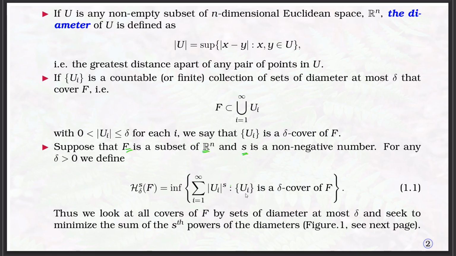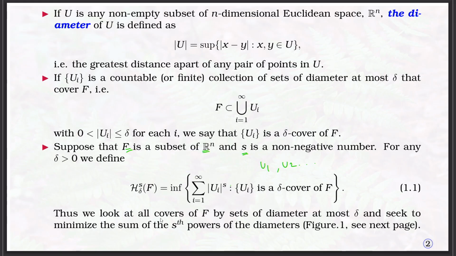For each cover we compute the sum of the diameters raised to s: U_1 is one collection, U_2 is another collection, and so on. Among all of these we take the infimum, and that infimum we denote as H_delta^s(F).